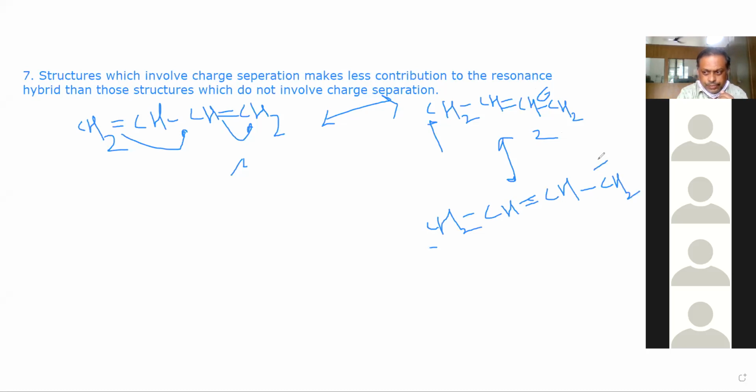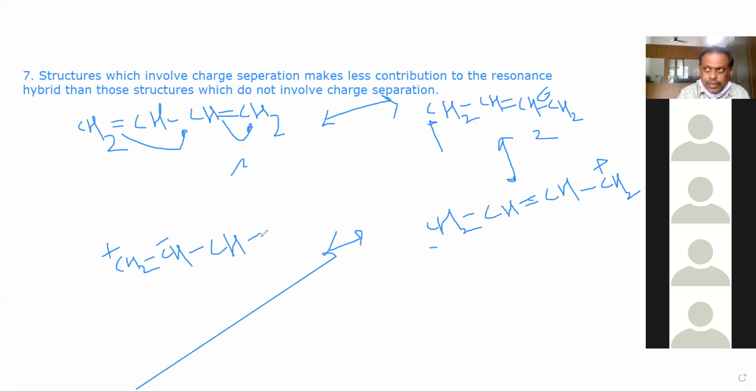And structure number 4, CH2 plus, CH minus, CH double bond CH2.